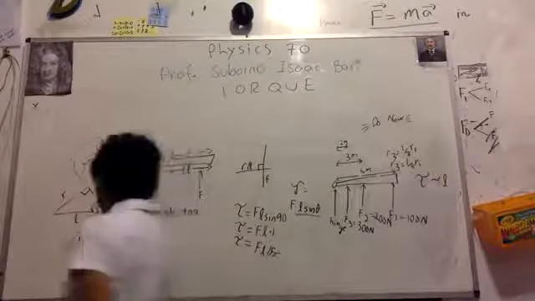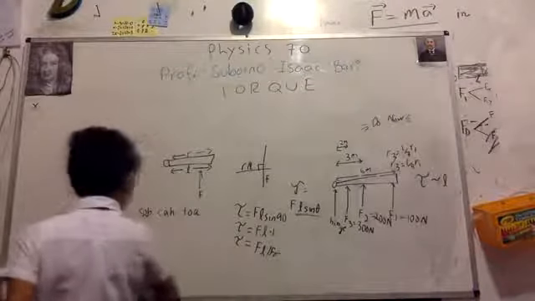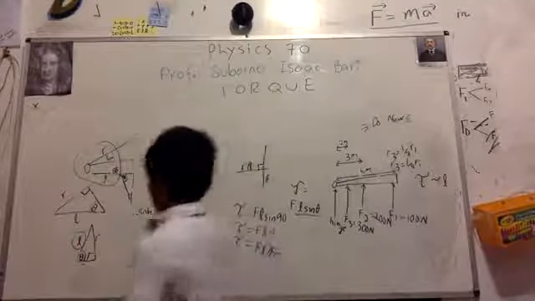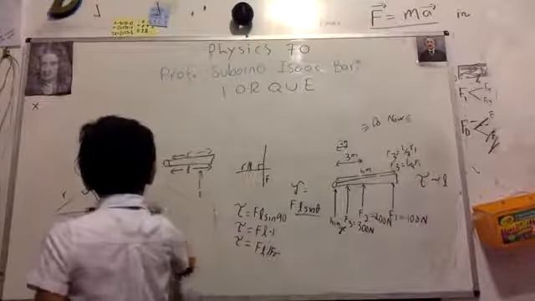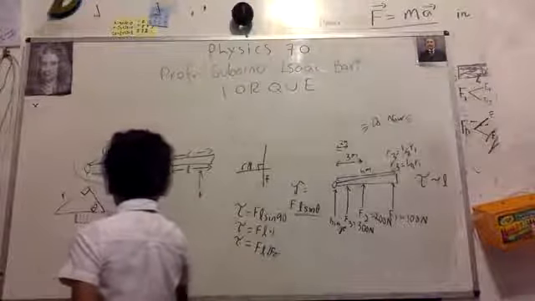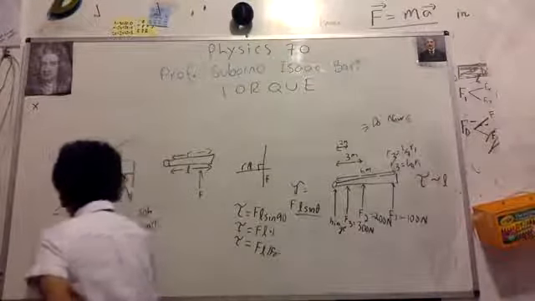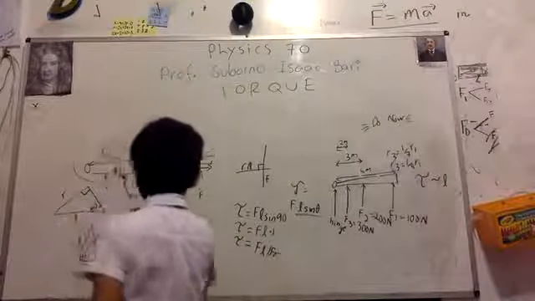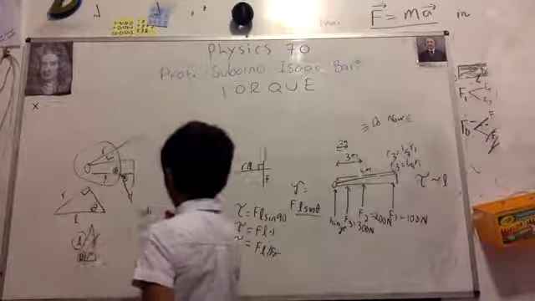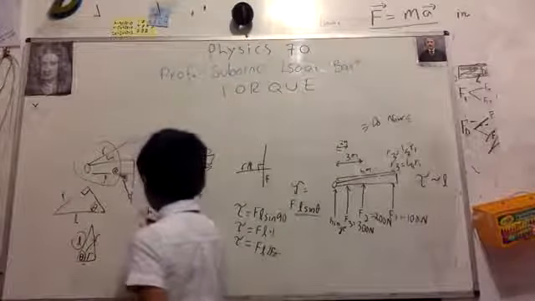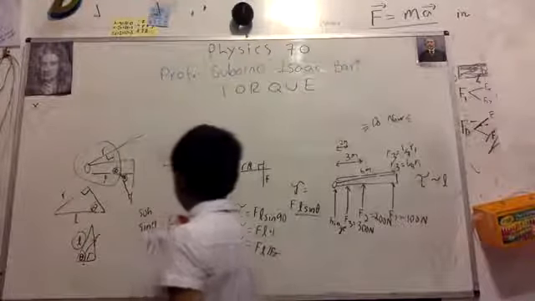Well, we definitely don't know the adjacent, so crossing that out, the only choice left is sine theta. We have to express R in terms of L and theta. Opposite is R, and hypotenuse is L, meaning that if you do cross multiplication, R is L sine theta.